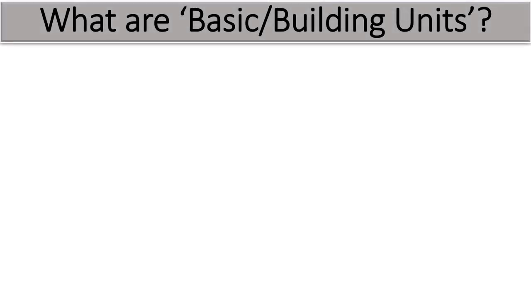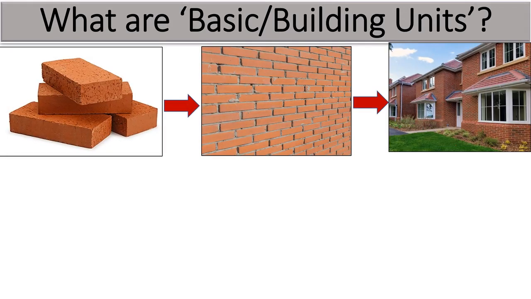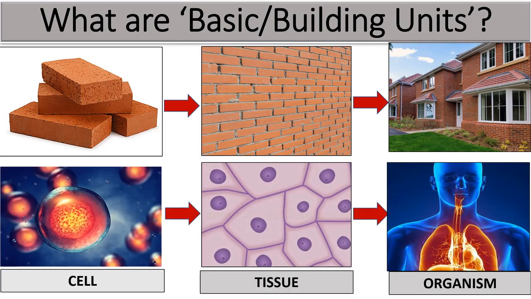Let's understand this, taking an example. If I have to compare a cell with a non-living structure, its comparison with a brick would make perfect sense. As we can see, these bricks are the building blocks or the basic unit of the house. Similarly, cells are the basic structural units of a living organism.